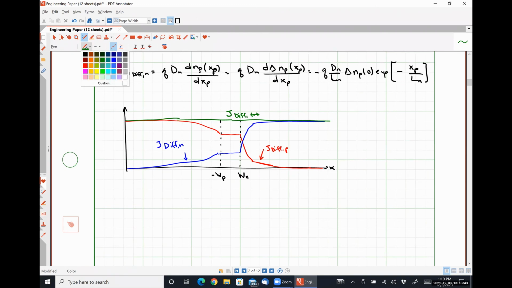So J diffusion, all right. This is going to be our hole diffusion, q Dp. Sorry, not H. q Dp. Dang it.